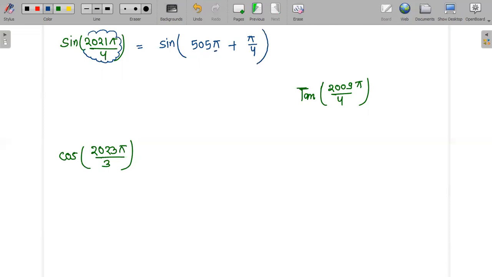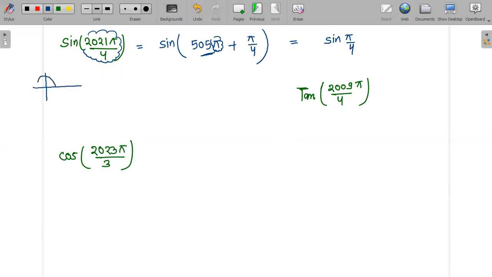Now remember, 505 is what? It is a multiple of pi. So definitely this will be an even multiple of pi by 2. If it is an even multiple of pi by 2, then your result will be in the same trigonometric function corresponding to our angle theta. But where will we be if I want to check its quadrant? Please have a look there.